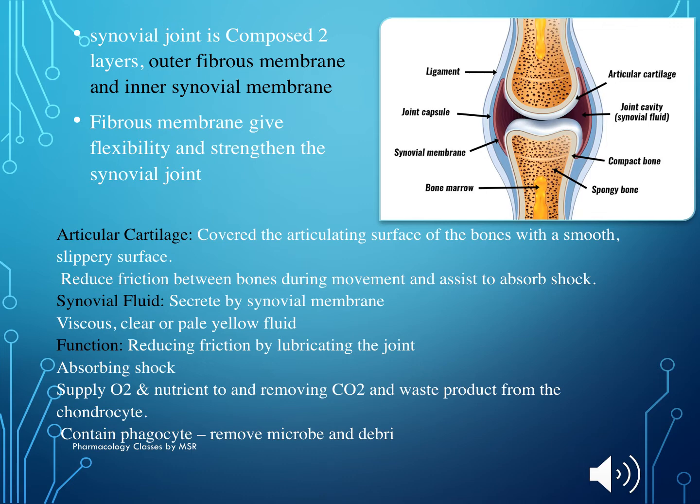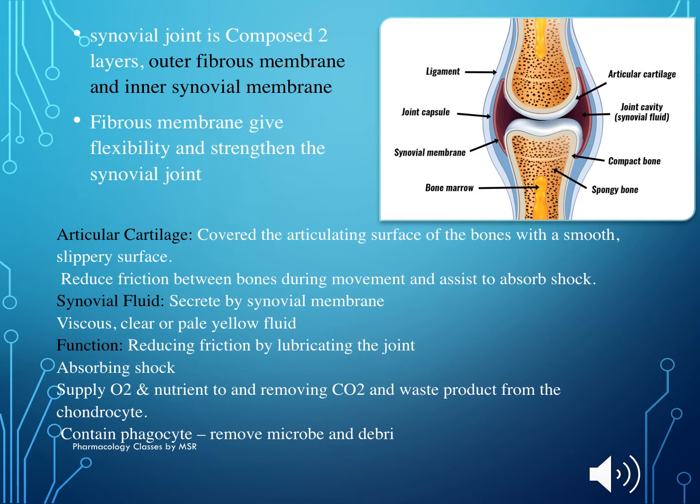The synovial joint has two layers. The first is the outer fibrous layer, and the innermost is the synovial membrane. The fibrous membrane gives flexibility and strength to the synovial joint, whereas the synovial membrane gives a space, the synovial cavity, for easy movement of the bones.